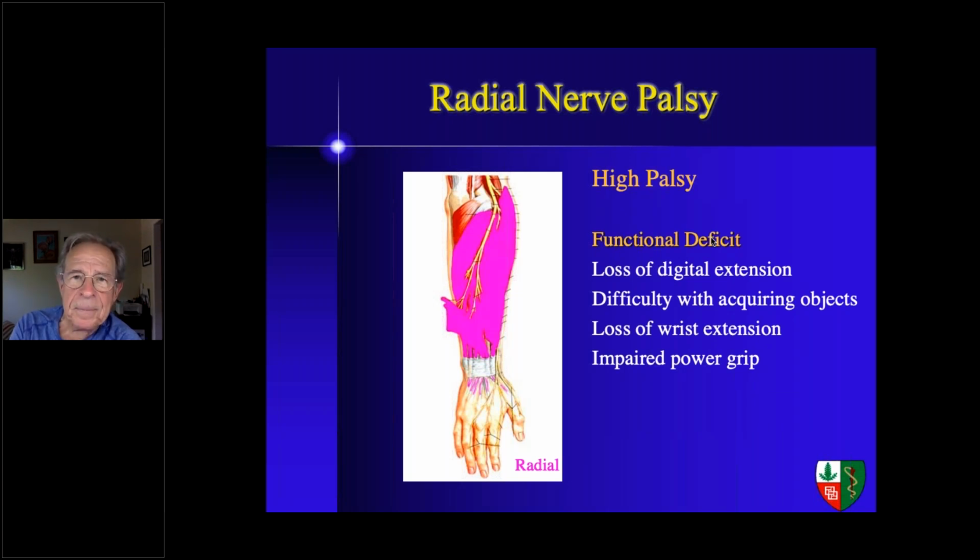For a high palsy, it's the loss of digital extension, which causes difficulty in acquiring objects, and the loss of wrist extension, which impairs powered grip. Even though the finger flexors are all working, if the patient can't stabilize the wrist, then those flexor muscles go down the Blix curve and can't generate full power.